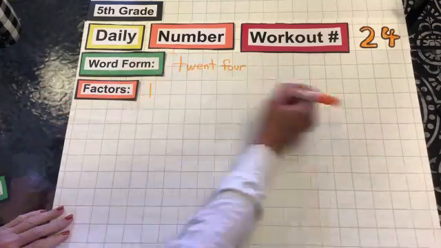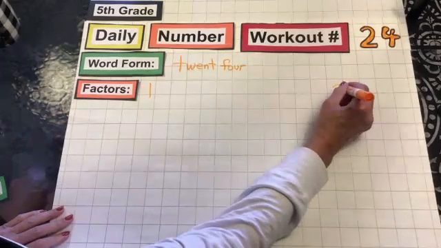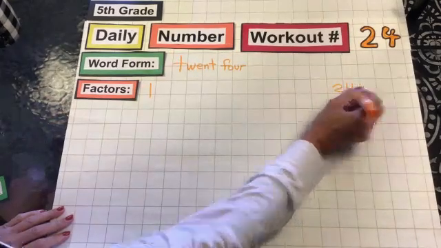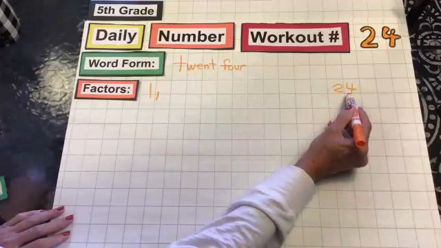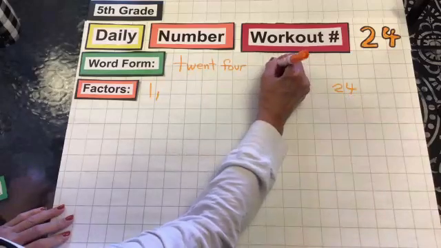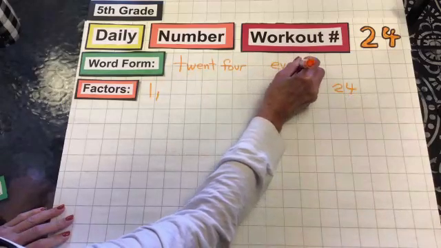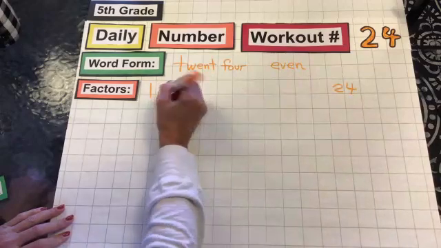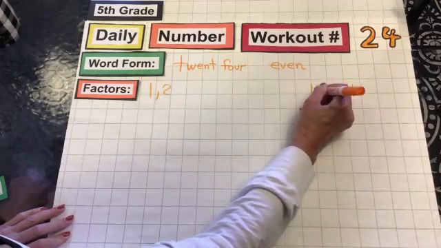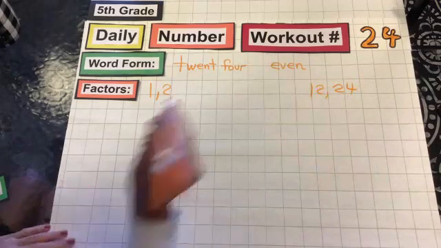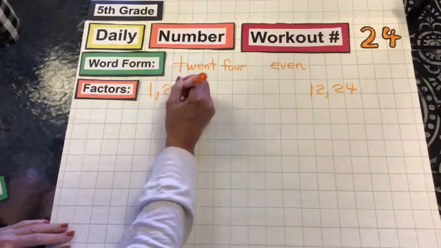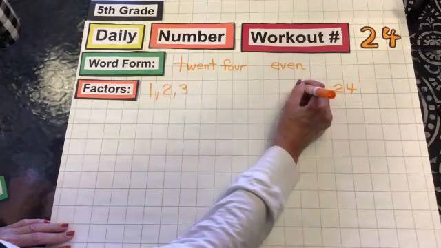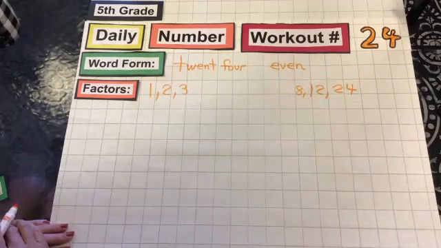So we have 1 times 24. Since it ends in 4, we know it's even, so 2 goes into it. 2 times 12 is 24. We know 3 goes into it. 3 times 8 is 24.